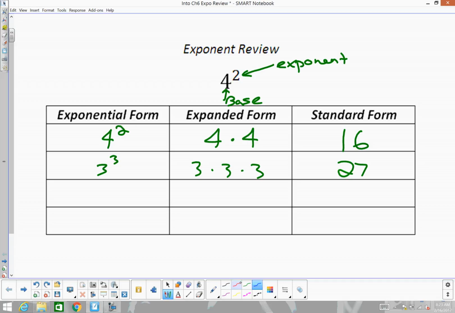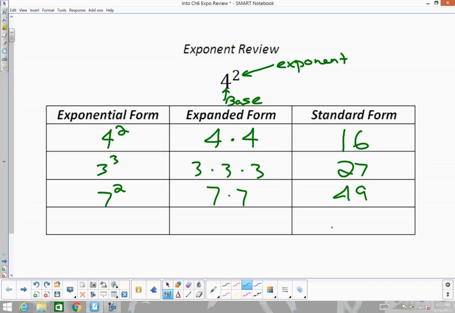Now what if I gave you, let's say, a standard form of 49? Now let's think here. What times itself could be 49? Well, I know that 49 is a perfect square, so 7 times 7 would give you 49, right? So if I were to write that in exponential form, 7 would be my base. I multiply it by itself twice, and that would be 7 squared.